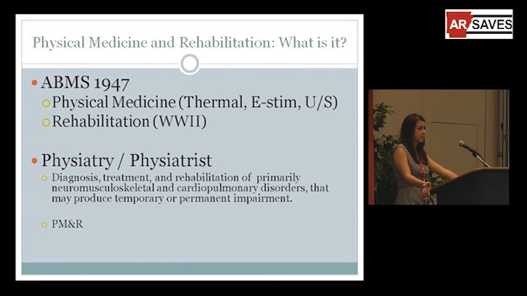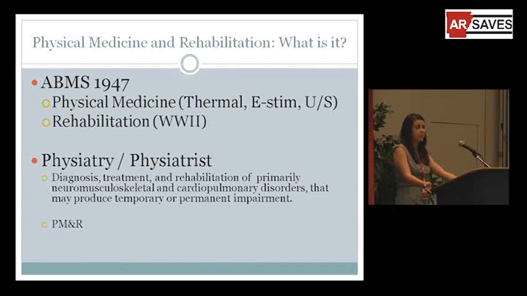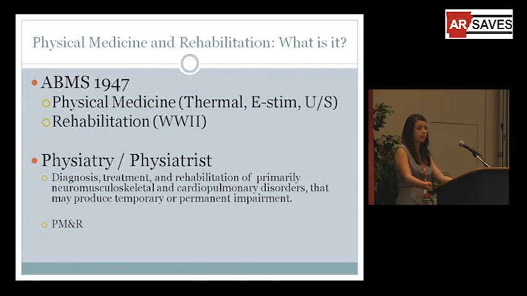All right, so what is physical medicine and rehabilitation? We are a fairly young specialty. We came around in the late 1940s, during World War II, mostly because of the physical medicine aspect, which is just using modalities to help people recover from injuries, and the rehabilitation portion, which is the actual physical therapies, as well as the medication and medical management of folks with functional disabilities.